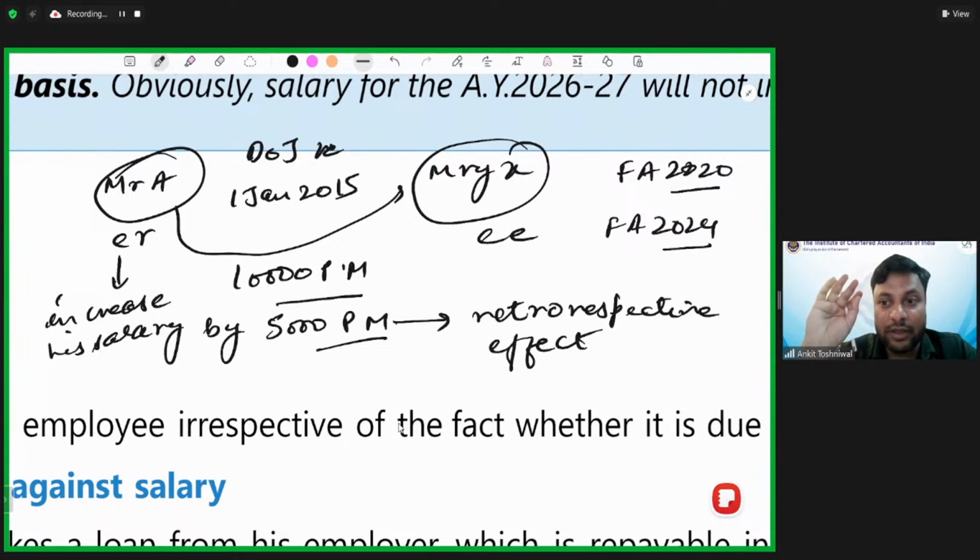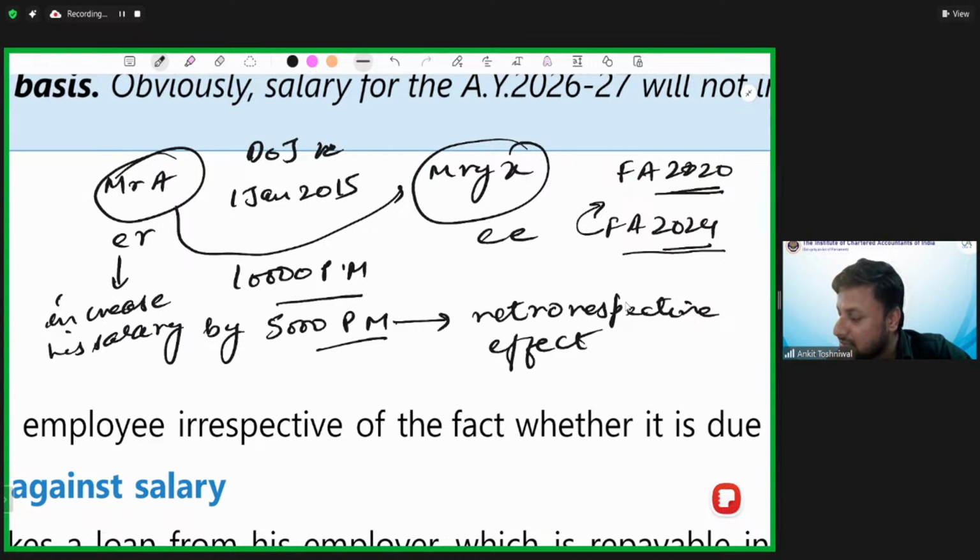Are you getting my point? If a section is inserted in 2020 and there is some retrospective effect to that section in 2024, will it start from 1961, the very beginning, or from 2020? From 2020, because that section itself was born in 2020. Arre bhai, that section itself came in 2020. So that retrospective effect will start from 2020.